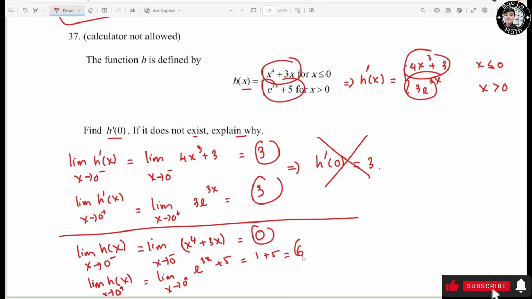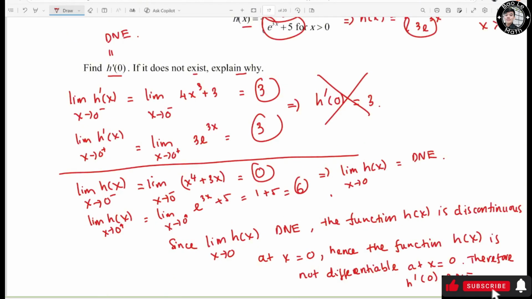Now these two are not the same, so we say that the limit of h of x as x approaches 0 does not exist. So it tells us that the function is discontinuous at x equals 0. Therefore, the function h of x is not differentiable at x equals 0. So h prime of 0 does not exist.